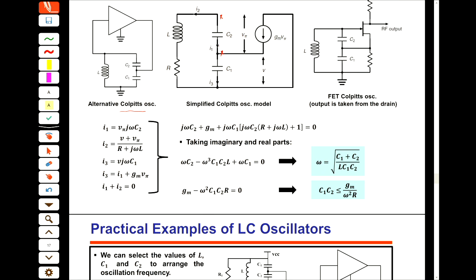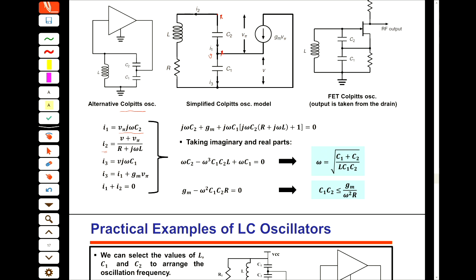So we can say that the I1 equals V pi multiplied by the conductance of the capacitor 2. I2 here is the current which is passing through this one, and the voltage at this point, if we assume that this voltage is V, so the I2 is V plus V pi divided by this impedance.